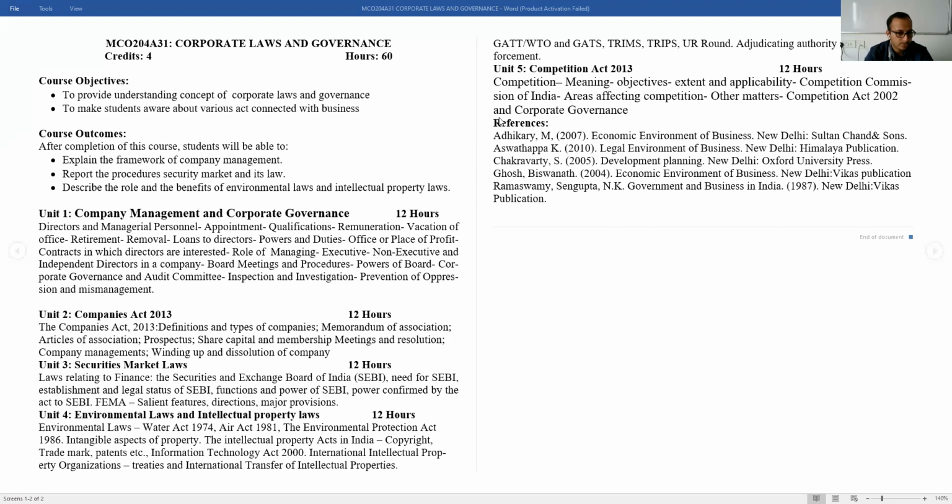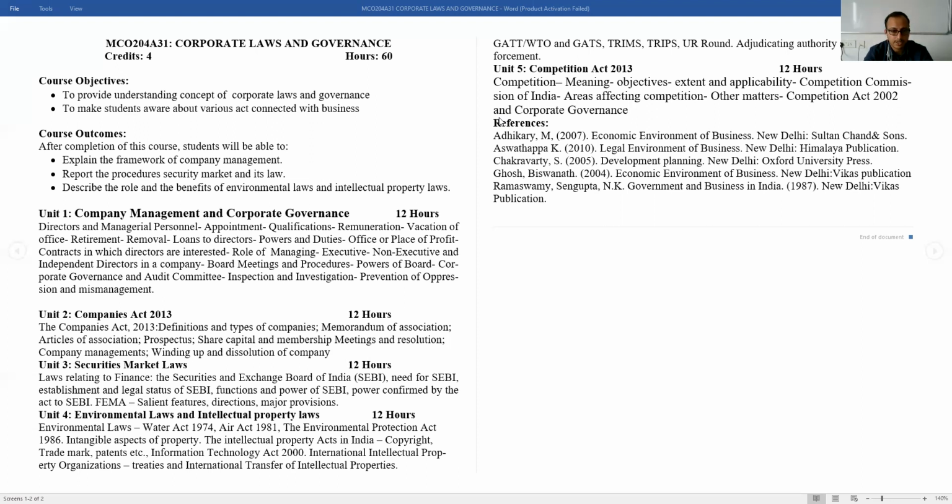Then coming to the fourth unit, we have the environmental laws and intellectual property laws. For environmental law, we'll be having an overview. Then the Water Act of 1974, Air Act of 1981, the Environmental Protection Act of 1986, the intangible aspects of property, the Intellectual Property Acts in India: copyright, trademark, registered trademarks, then patent, then Information Technology Act 2000, and international intellectual property organizations, then treaties and international transfer of intellectual properties.